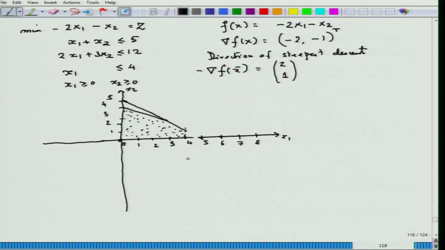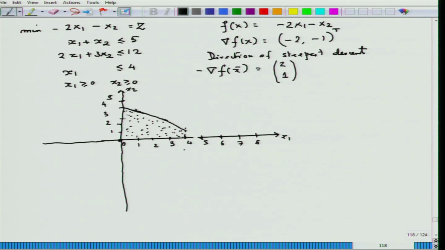And x1, x2 greater than or equal to 0 we have chosen. So, this is our feasible set. So, there is not a straight line here, there is a slight curve here.